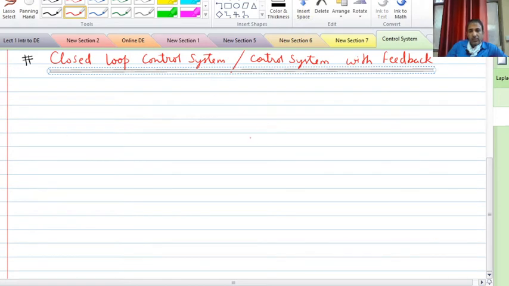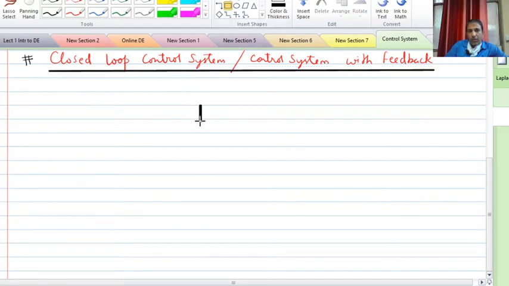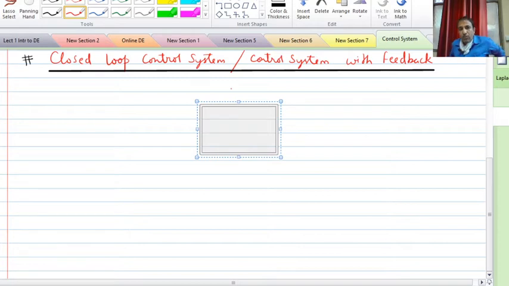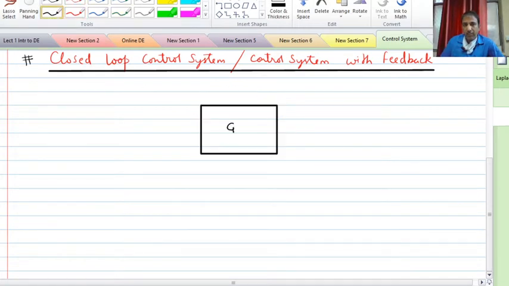We have a block here, that is the forward block, and its transfer function is G(s).